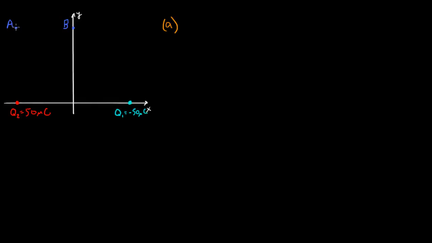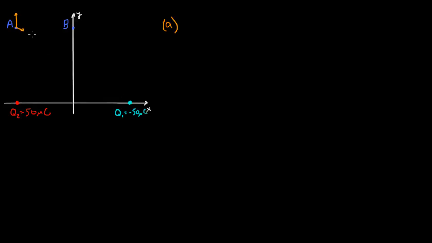So we look at the electric field from charge Q. It's a positive charge, so it points in the up direction, always away from a positive charge. The electric field from Q1 is toward Q1, on the line between A and Q1, because it's negative.